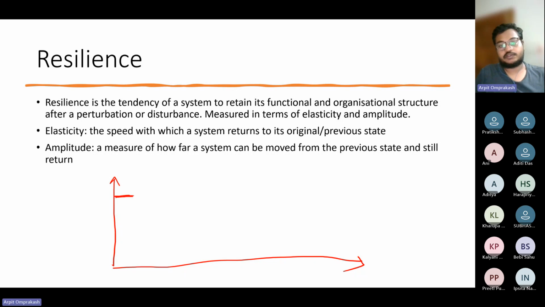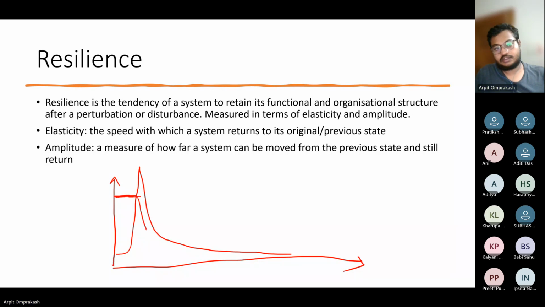This is, let's say, the number of species. Then let's say here we have some disturbance that is occurring. So basically, the system decreases and then after some time comes back to normal.